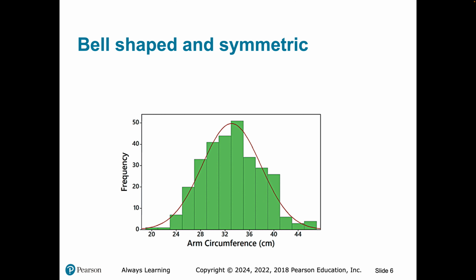And sometimes assumptions are that our population is normally distributed. Well, we can't get our population, it's unknown. So we draw this sample, and if our sample data is bell-shaped and symmetric, then it's more likely than not that the population we drew this from is normally distributed.